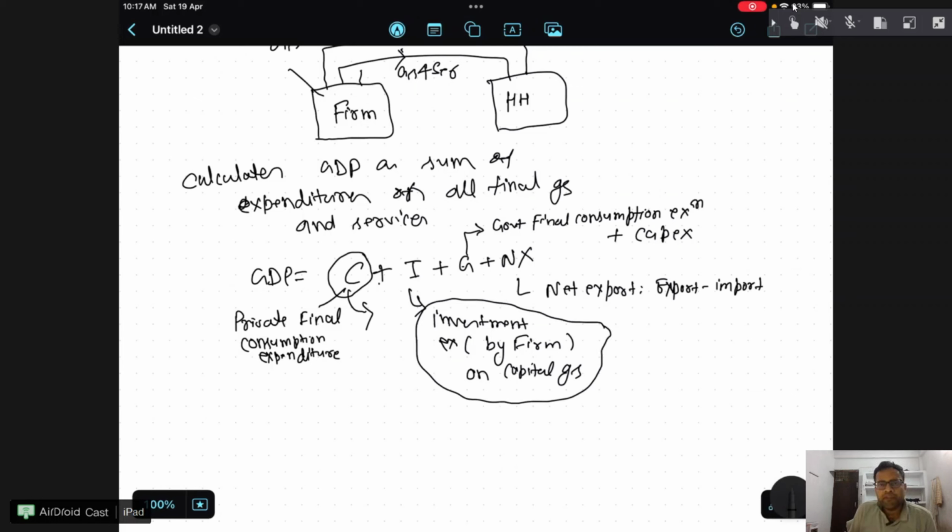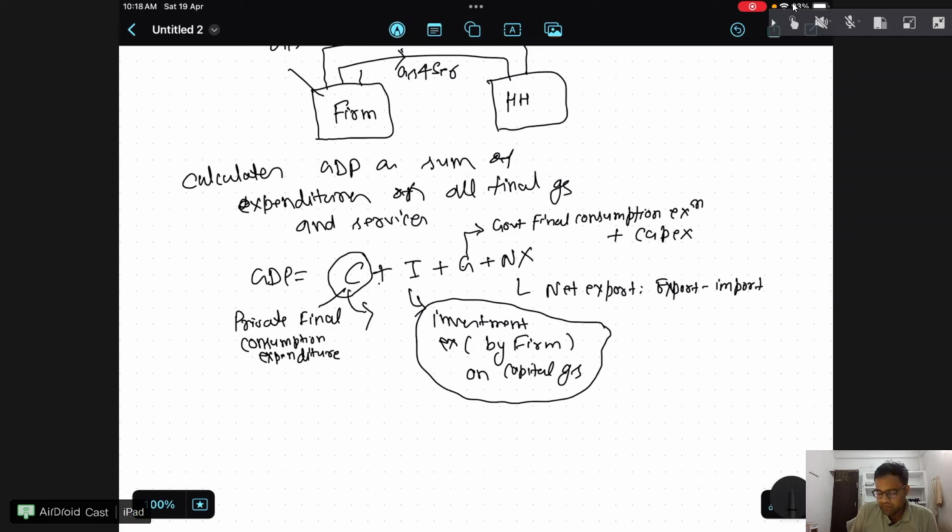The third type of expenditure is by the government. First, the government makes consumption expenditure, buying goods and services in order to run the government. Second, the government also makes capital expenditure, like building new bridges, new railway stations, and new infrastructure development. Governments are also buying goods and services for capital formation.